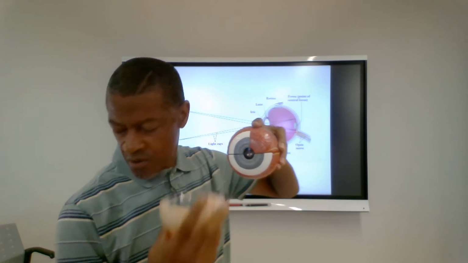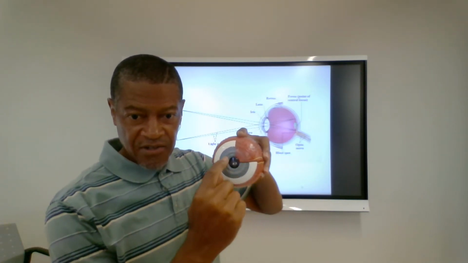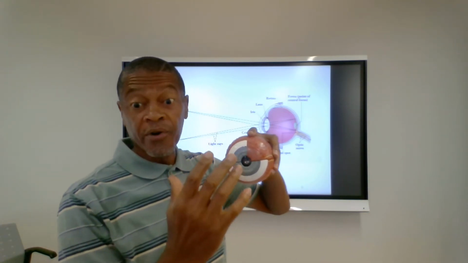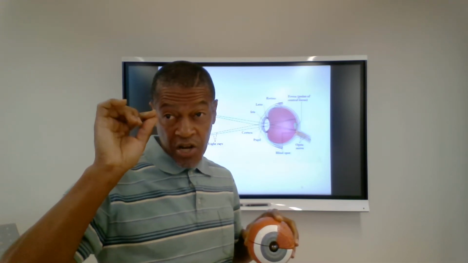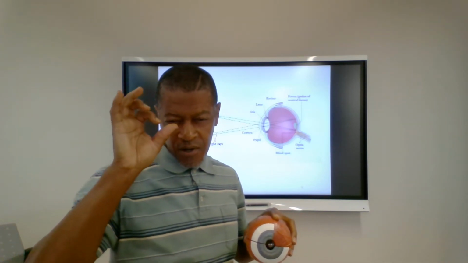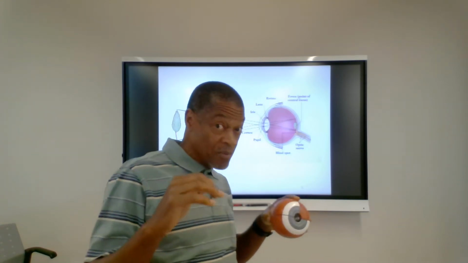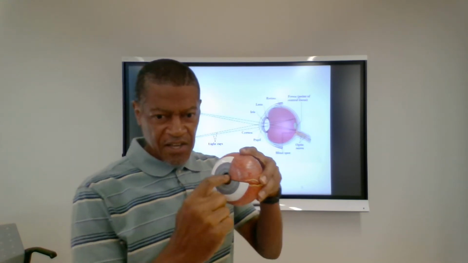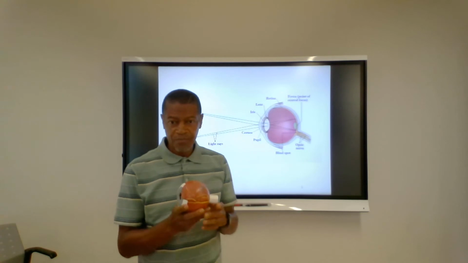Pupil's in the middle, and this gray area here is the iris. So as it opens and closes, it makes the pupil bigger or smaller. So when you go to the doctor and they're putting a light in your eye, the light is shining right there, and of course the pupil's going to get smaller. If it's dark outside, the pupil gets bigger because it wants to make sure it's seeing things, because that's to get back to what? That retina.